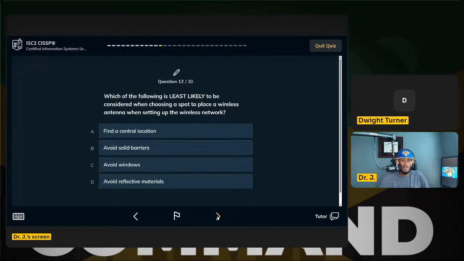Least likely to interfere, is that what we're looking for? No, they're saying which location you would least likely choose to set up your network. Which area out of these choices wouldn't be the best location to set up a wireless network?